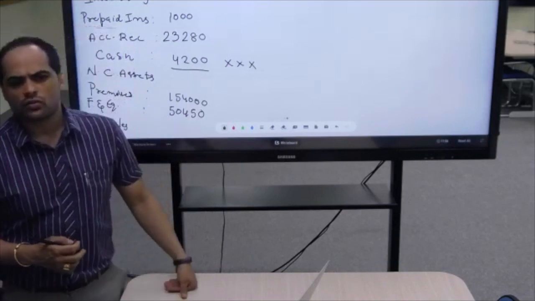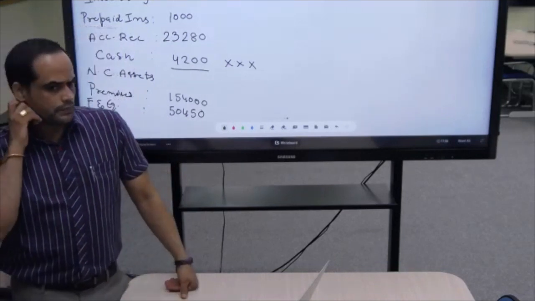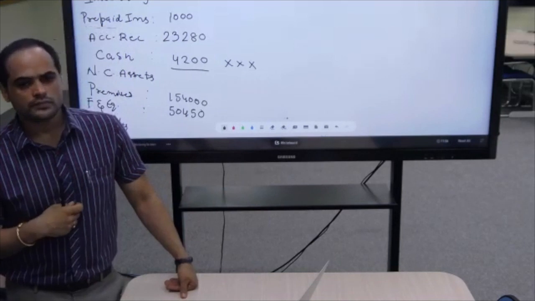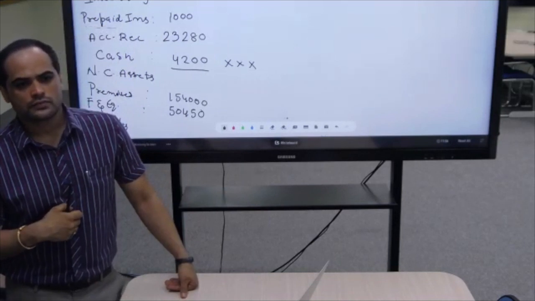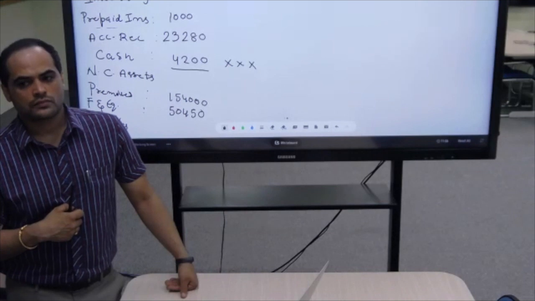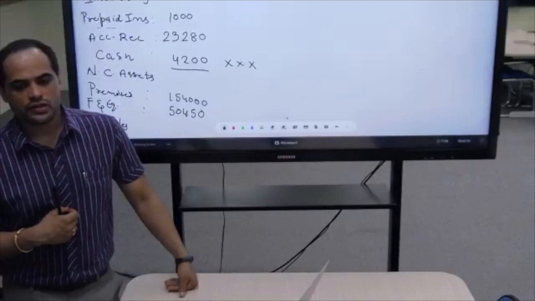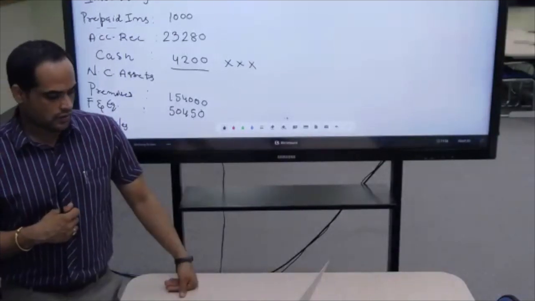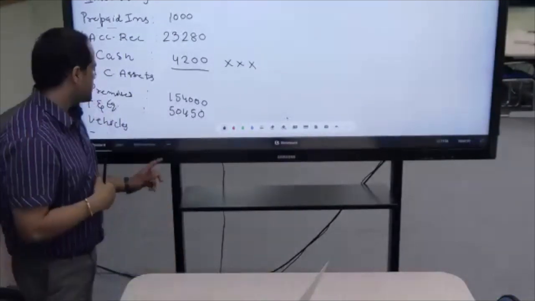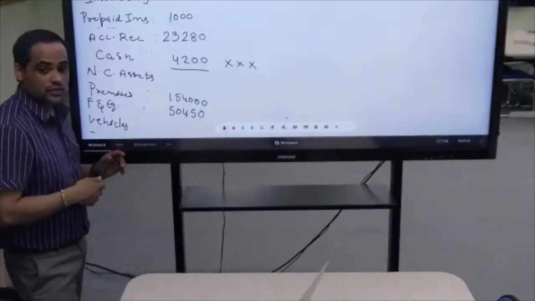Is it vehicles or what? I don't know what number it is. 11,200. No, it's wrong. How much is vehicles minus depreciation?